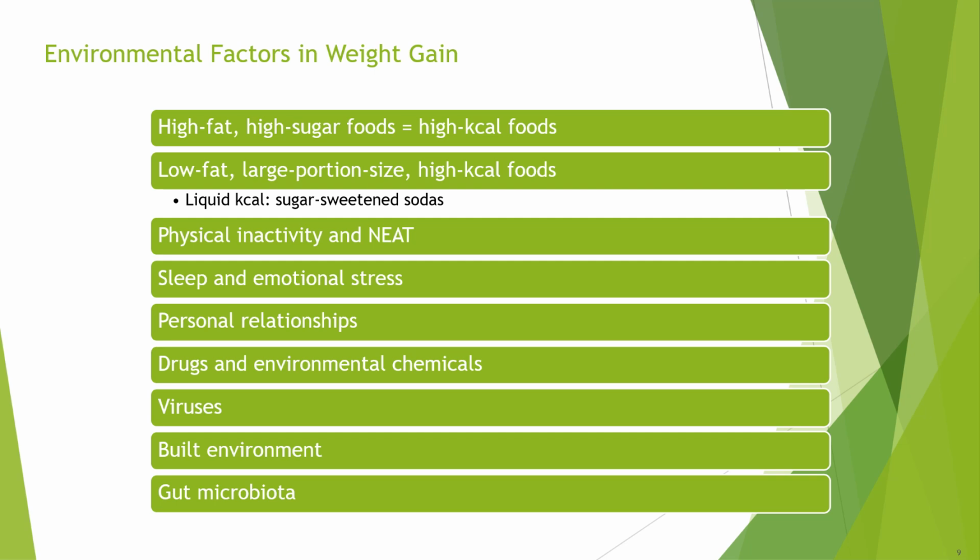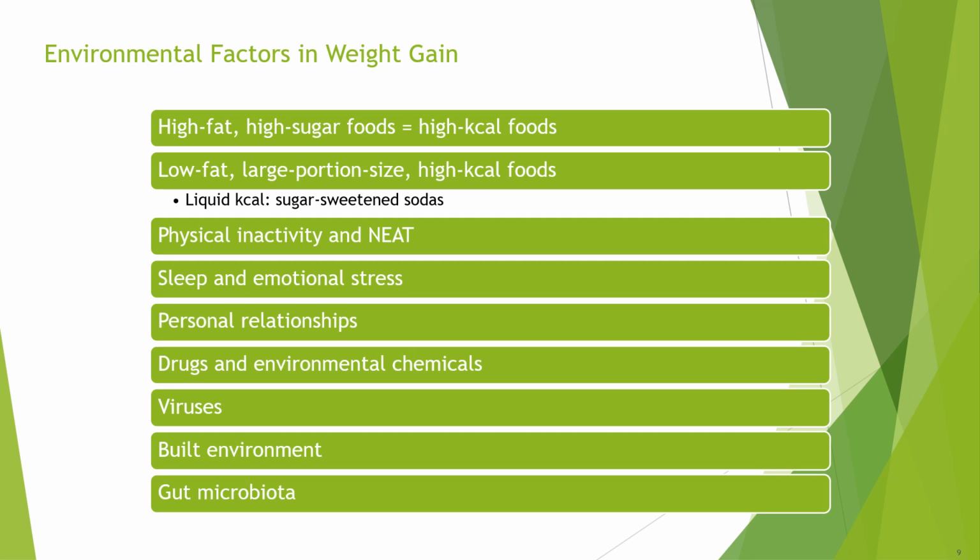And then our personal relationships. Our social influences, including family and friends, can affect eating and activity habits, potentially leading to weight gain. And then drugs and environmental chemicals. Certain medications and environmental pollutants can influence metabolism and appetite, contributing to weight gain. And viruses.